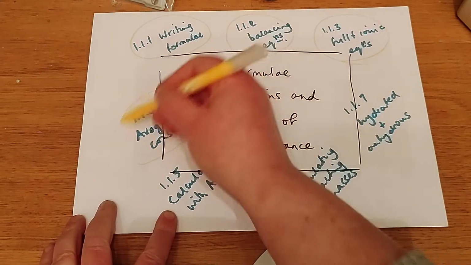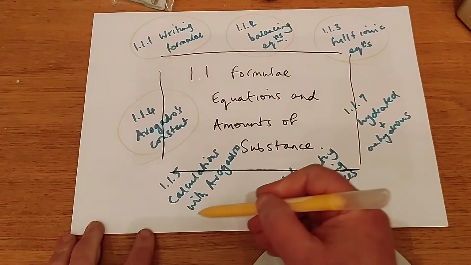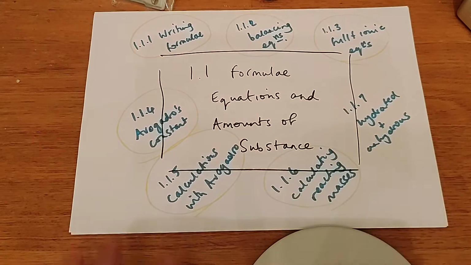The next part was about Avogadro's constant: defining and demonstrating understanding of the terms Avogadro's constant, the mole and molar mass, then using Avogadro's constant in calculations. The sixth part is calculating reacting masses of substances, including examples in which some reactants are in excess.